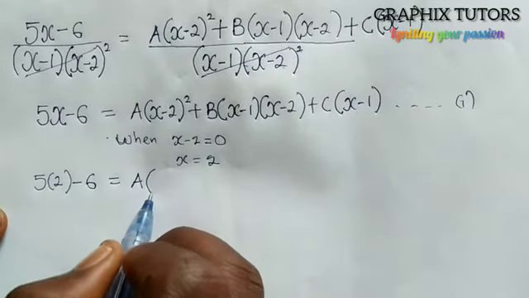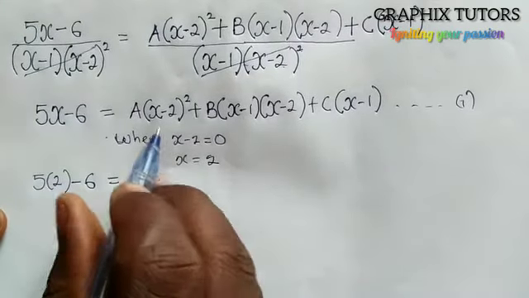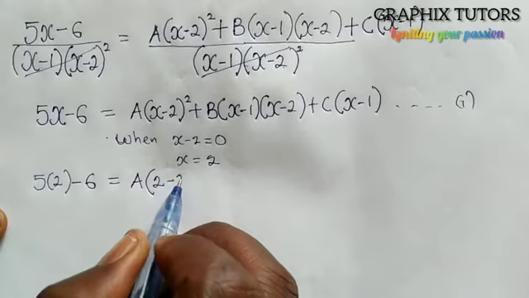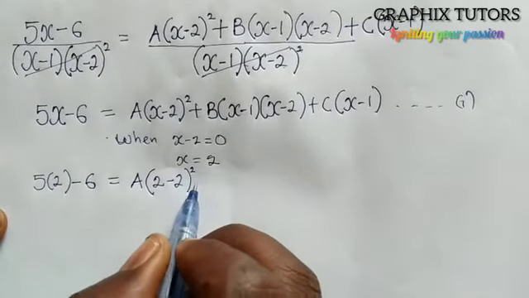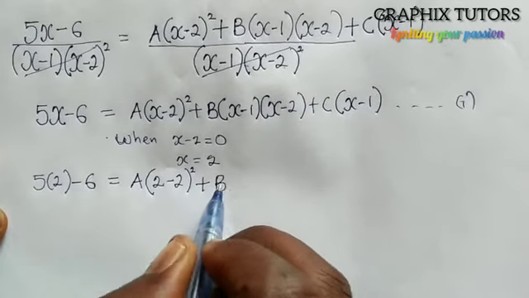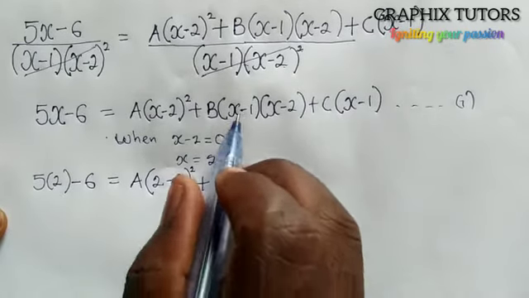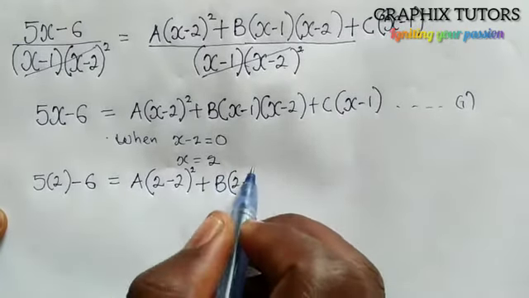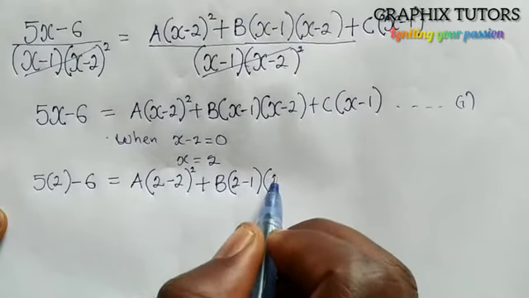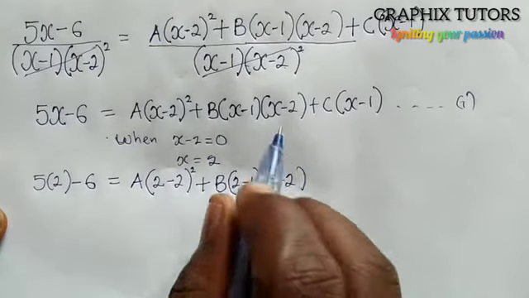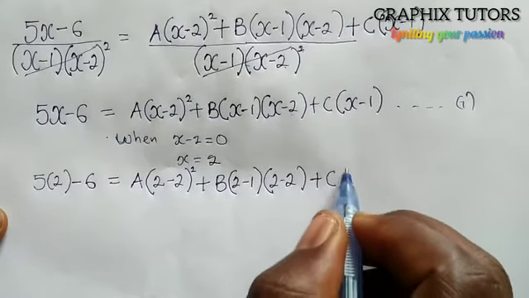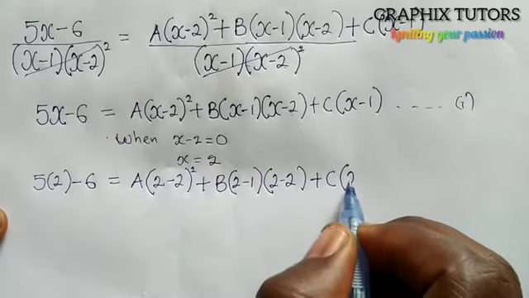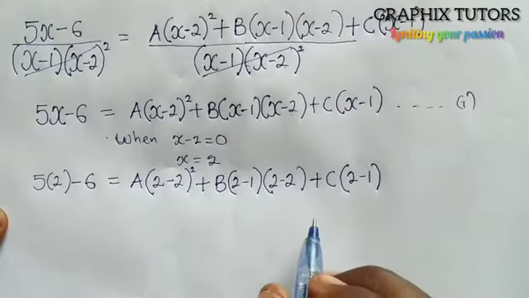A into bracket, x here is 2 minus 2, right? Then there's a square there, plus B into bracket, x here is what? 2 minus 1, bracket 2 minus 2, right? Plus C into bracket 2 minus 1, right?